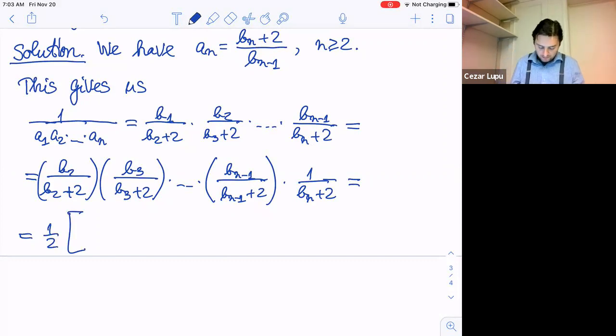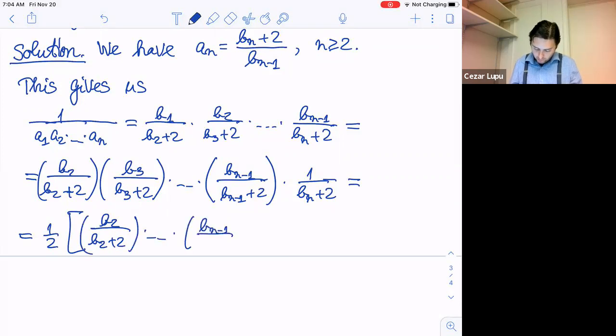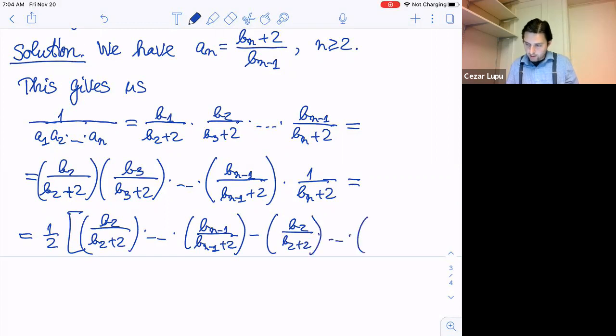So this would be B2 over B2 plus 2 times all the way to Bn minus 1 over Bn minus 1 plus 2, and now minus B2 over B2 plus 2 times all the way to Bn over Bn plus 2.